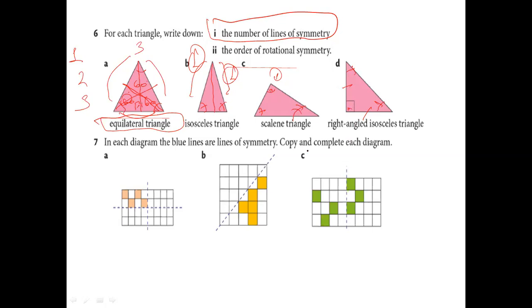How many symmetry lines has it got? Only one, because if you draw from here, the above part and below part are equal to each other. That's why it has got only one symmetry line. And how many rotational symmetries? One, 90 degrees, two, 180, three, and four, 360 degrees itself, only one rotational symmetry.